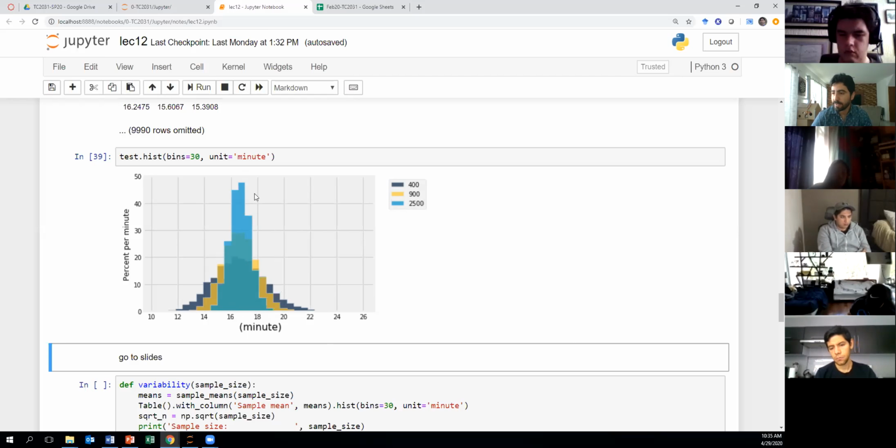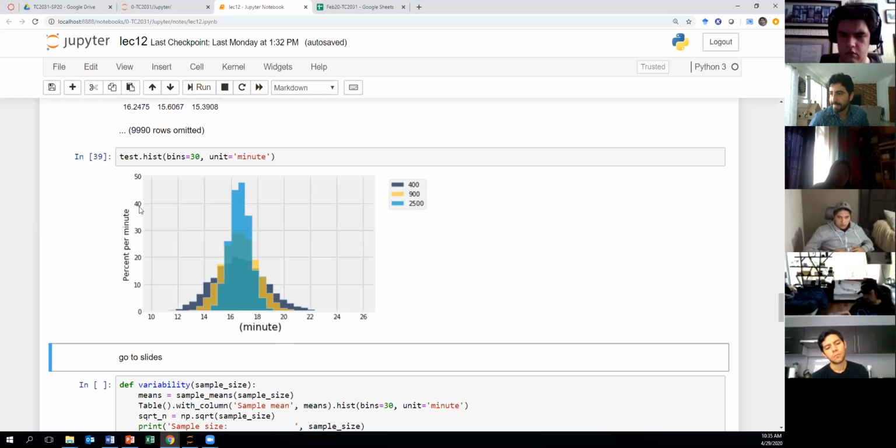As you can see, all of them are centered around 16 minutes, like 17 minutes, around 16 minutes. The basic average doesn't change, right? The average is almost the same for all these three distributions. It's visible. But what is changing is the standard deviation or the variance of our distribution, or basically the tail of our distribution.